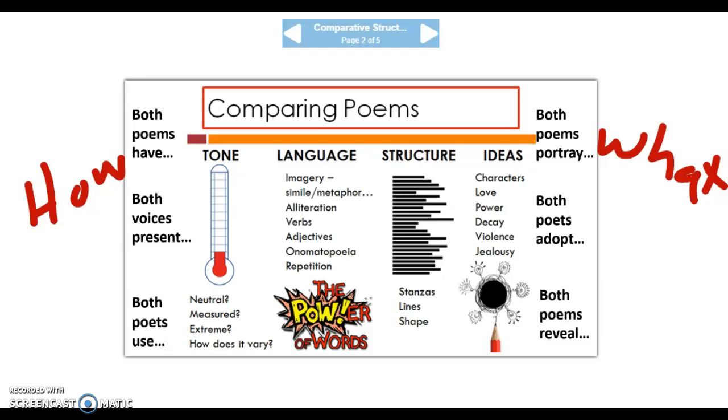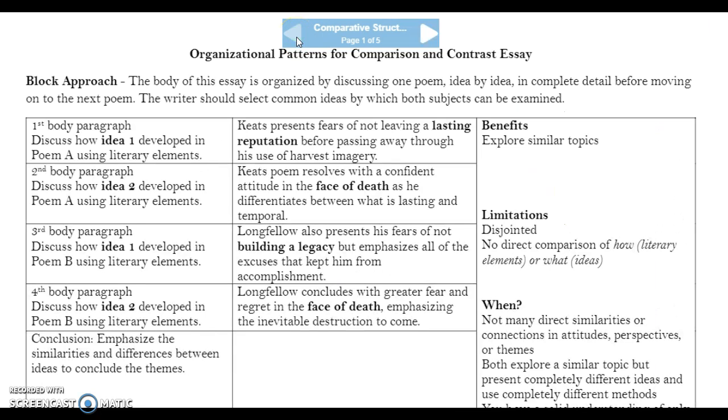But the what is really emphasizing their ideas. So both poets portray something about love, both poets reveal something about decay. You want to have that balance of the how and the what when you're exploring both poems and comparing them.